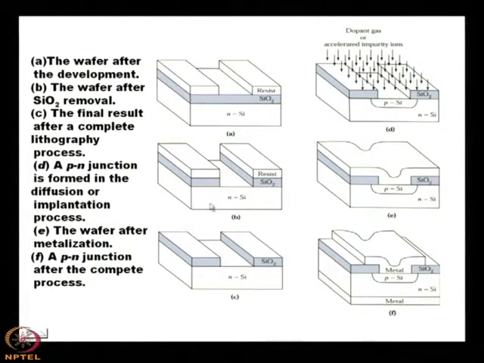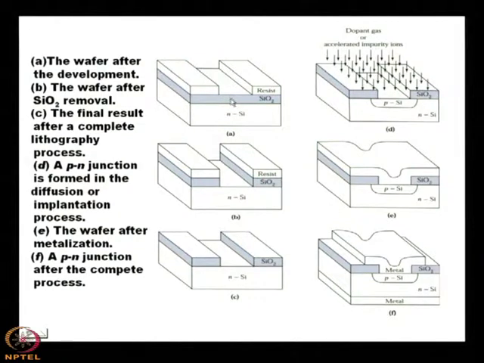In this diagram, what is the difference between B and C? First, what is the difference between A and B? In B, SiO2 is removed. In figure A, the whole surface is coated with SiO2, and then the photoresist is sprayed on the surface.